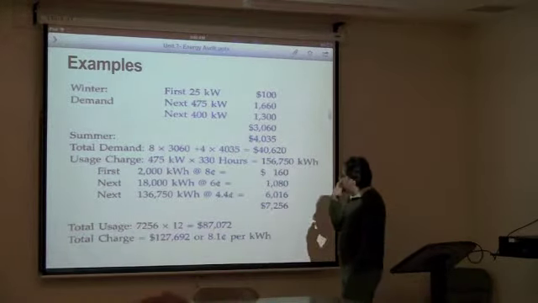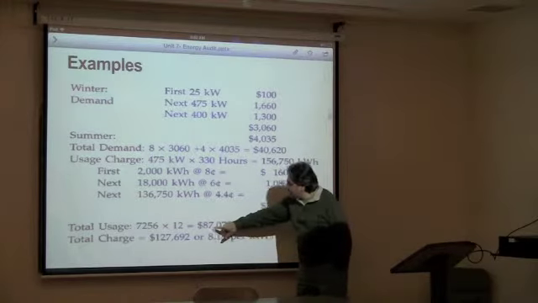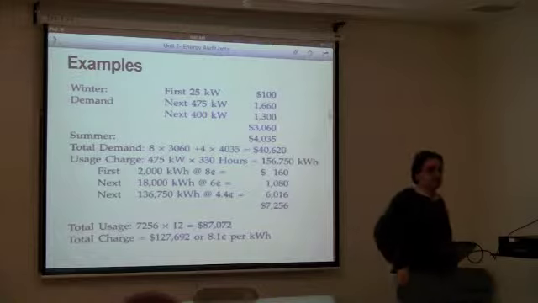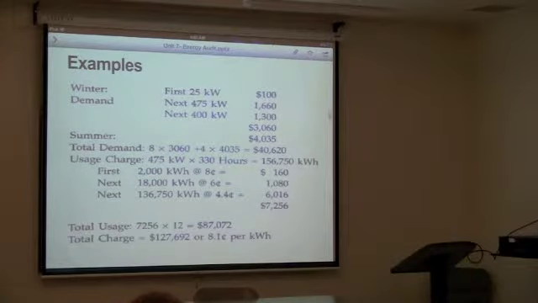But look at it. Your usage is $87,000, your demand is $40,000, and usually that's the case. If you calculate your usage, you got to multiply it by 1.5 in order to find out what is your total. Your demand is huge. The demand is nothing small. Don't underestimate.